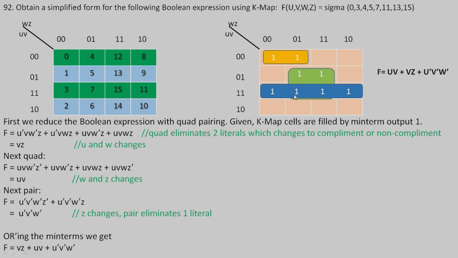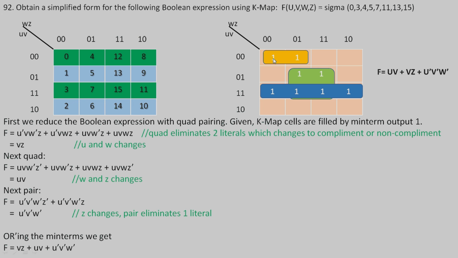Now you can see that we can further reduce this to the minterm SOP form by using the pair reduction K-map format. In the K-map we can use the pairing reduction of the minterms, that is by joining the adjacent cells which have minterms.